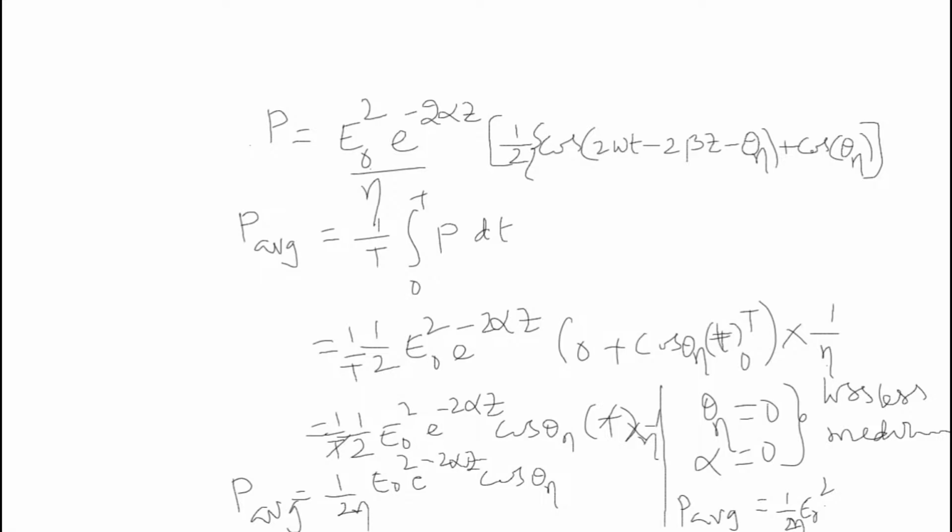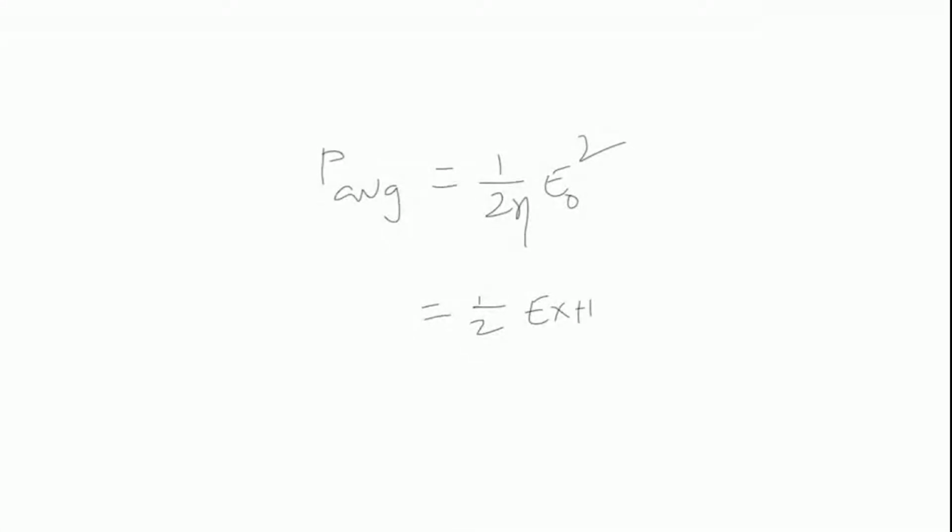Hence P average can be written as, in conclusion, P average is equal to 1 by 2 neta E naught square. Or else we can write this as 1 by 2 E cross H, if E and H are real.